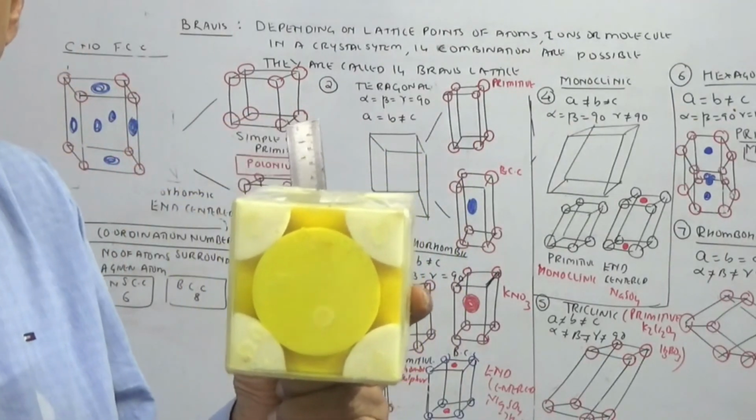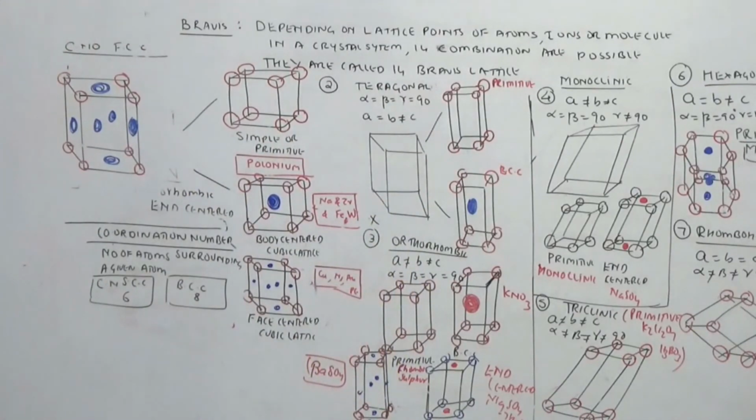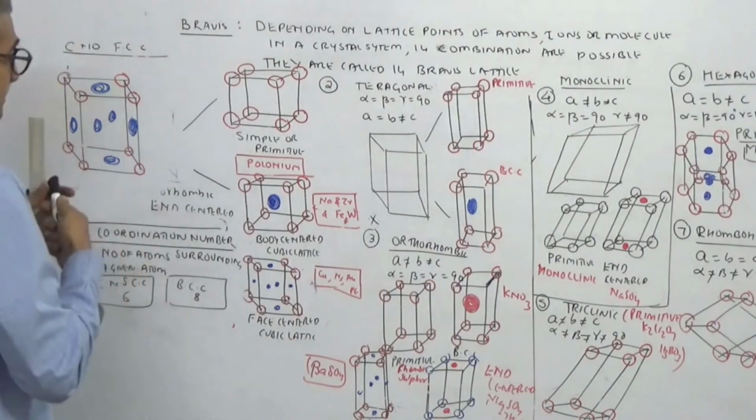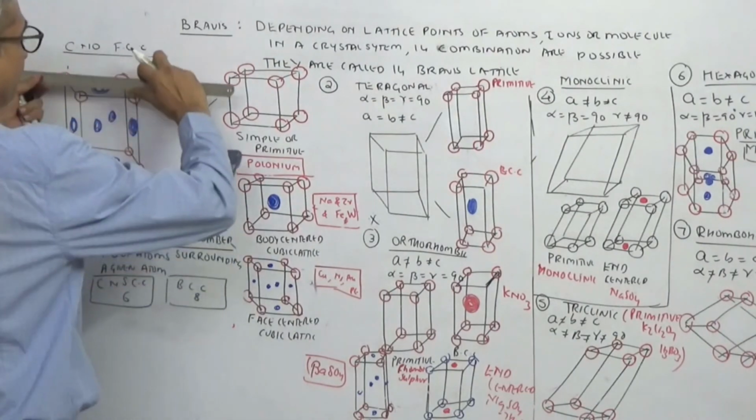Are you understanding? तो क्या हो रहा है? This is divided into 2 unit cells. देखो 2 यूनिट सेल में अपने को देखना पड़ेगा. कैसे?